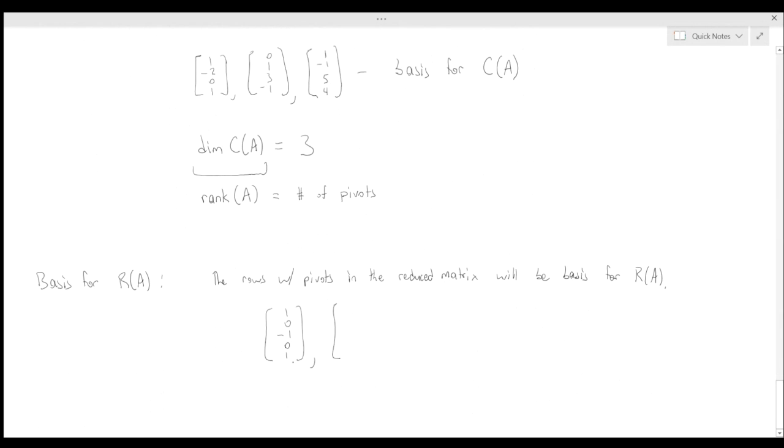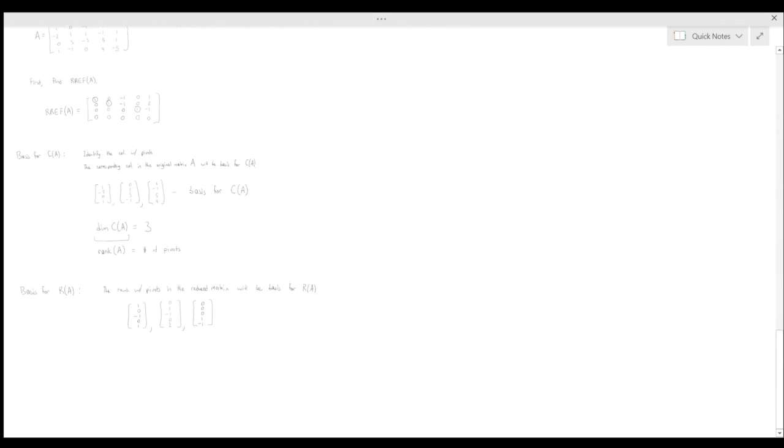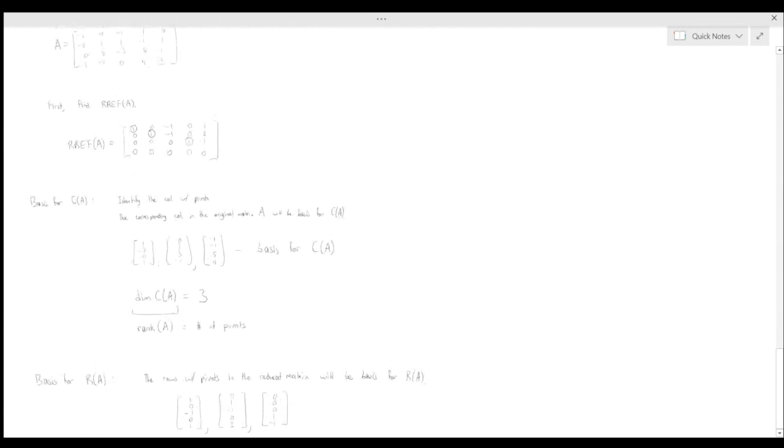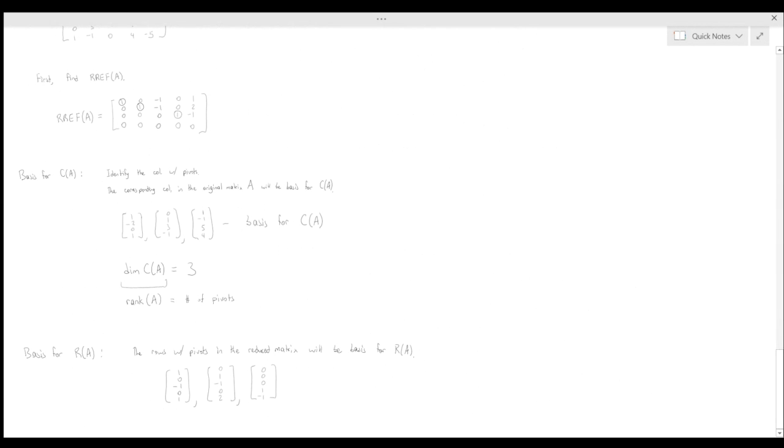So this was the first row of the reduced matrix. This was the second row of the reduced matrix. And then this was the third row of the reduced matrix, okay? So you can confirm that. Okay.